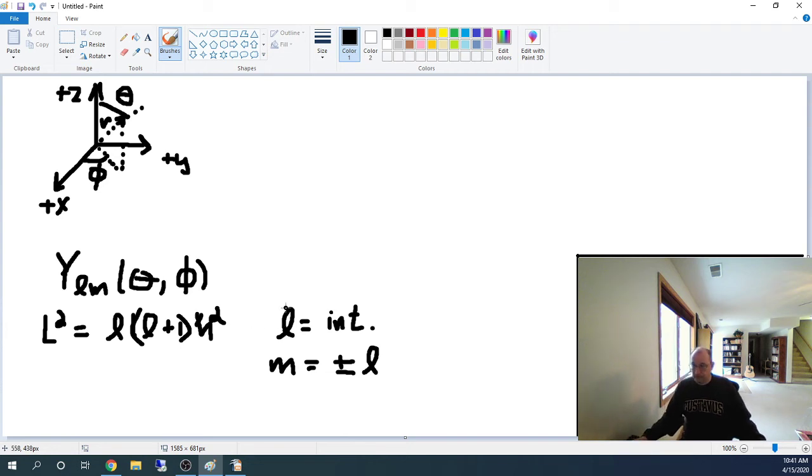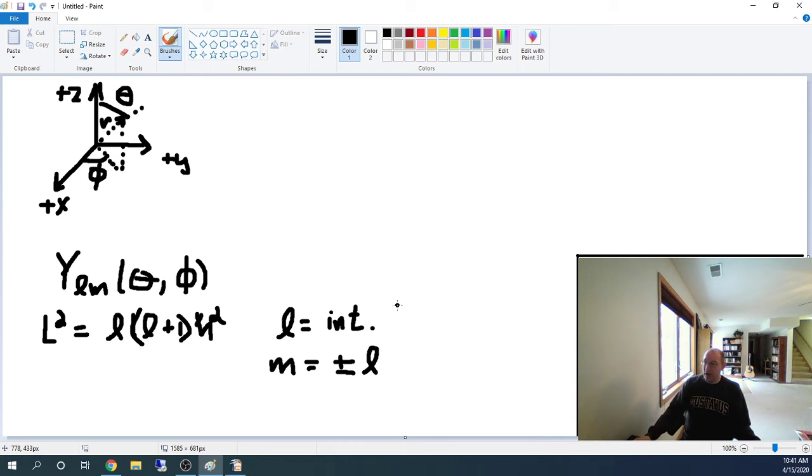The example problems that I already did noted what the different values of theta are that the angular momentum vector could have with respect to the z-axis for various things.